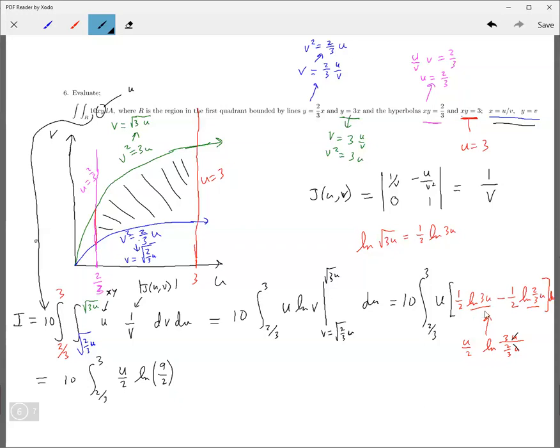It looks like we have u times log of 3u, so oh, not again, we have to integrate that kind of thing. But because we have this minus right here, the u's just cancel out, and we get log of 9/2, which is just a constant, so that's great.